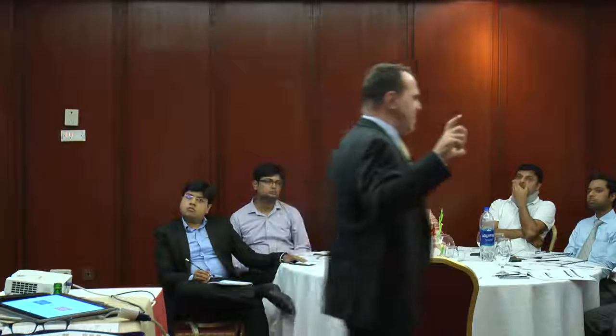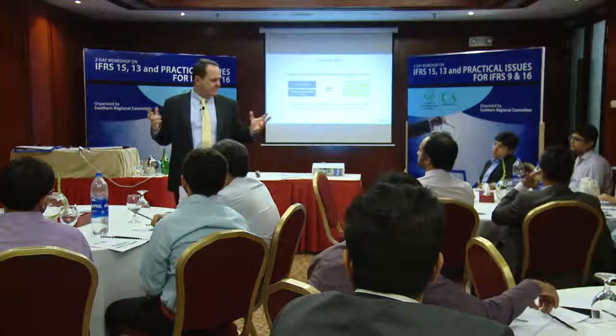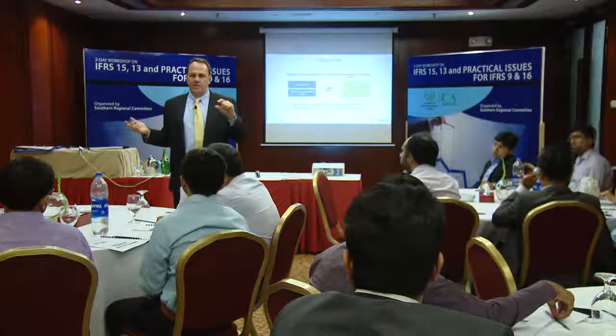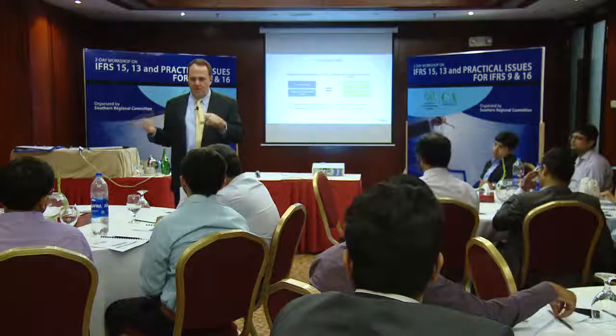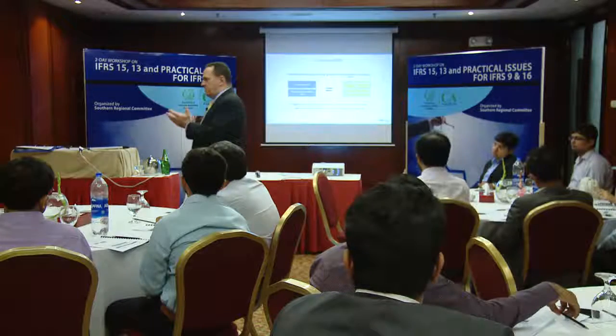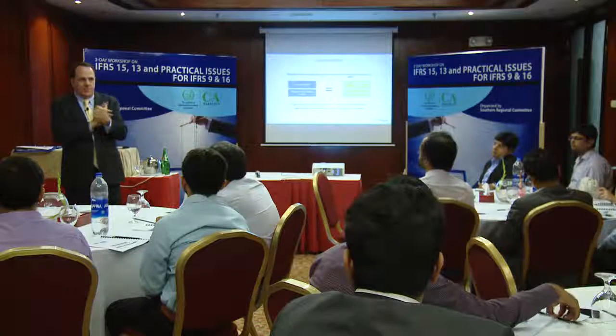The weak company has a big discount rate, has a small present value. So their assets and liabilities will be different. Of course, the expense that's going to go to interest and depreciation in total will be the same. It'll just be split differently between interest and depreciation.